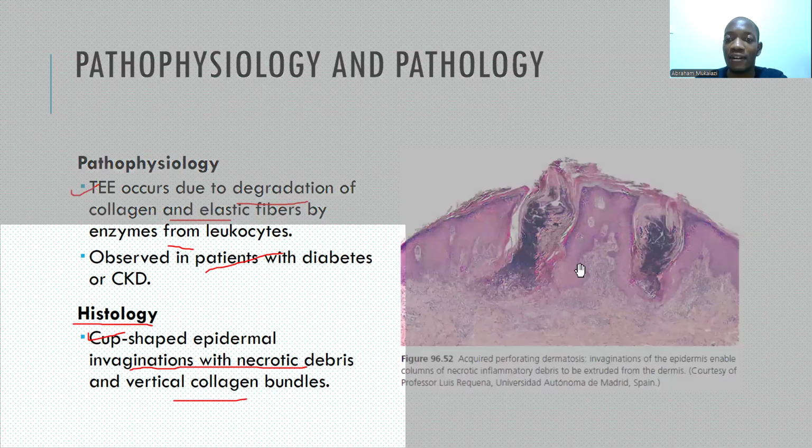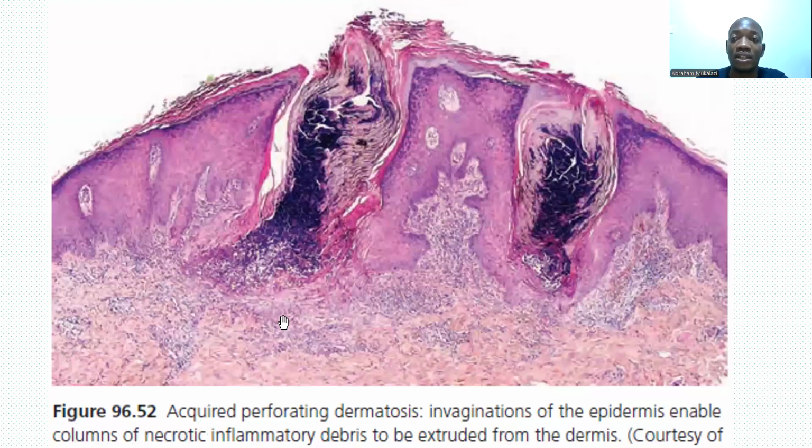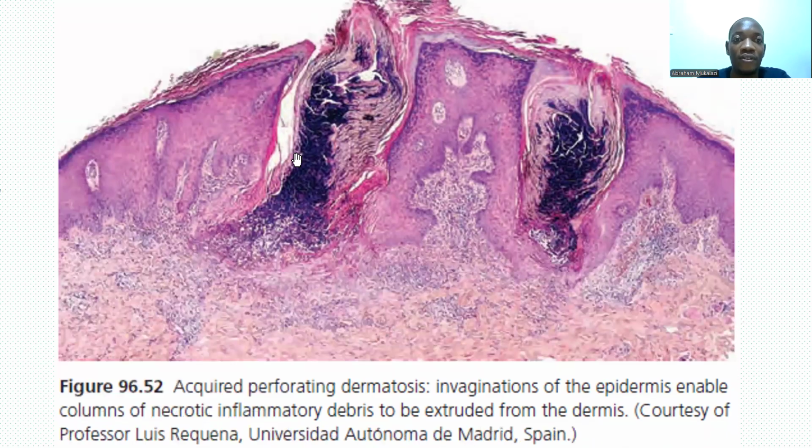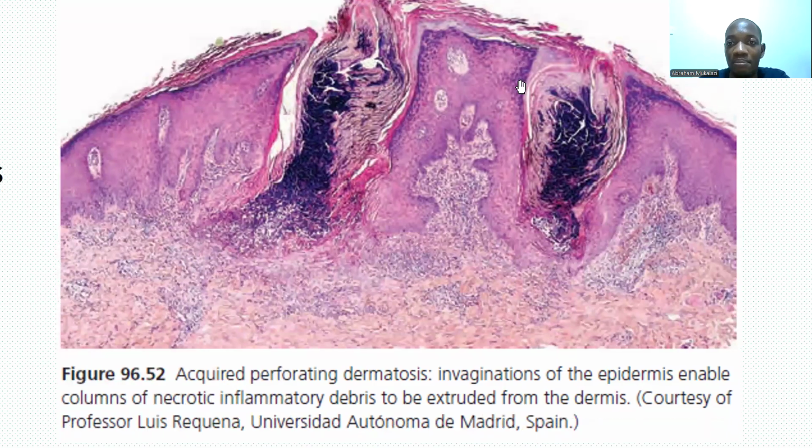Because you are having material being eliminated from the lower layers of the skin, maybe the dermis or subcutis, through the epidermis to the outside, you'll find this cup-shaped arrangement. If I do it like this, that's like a cup, and another cup is there. And then you have this vertically arranged collagen, which opposes the usual arrangement.